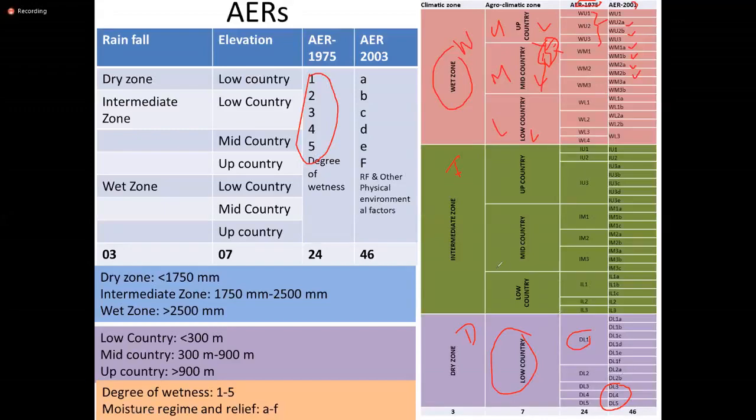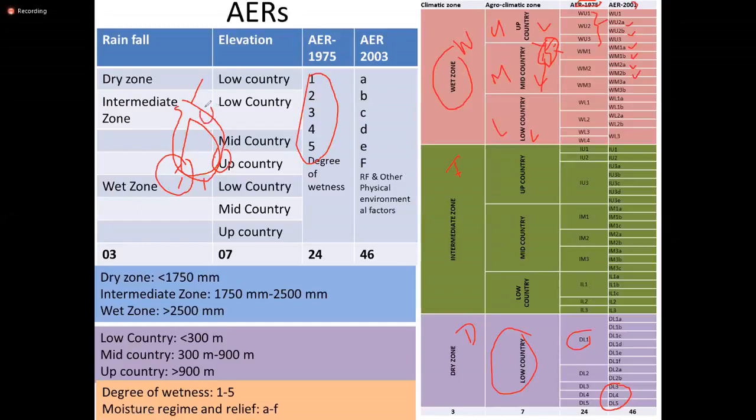But why? Because in Sri Lanka, low country means below 300 meters. If you draw Sri Lanka, you can see low country means all the coastal zone comes under low country. Here Colombo, and then some other districts will come. So some of the low country belongs to the wet zone, somewhat the coastal area.